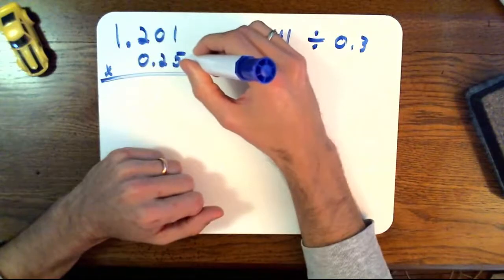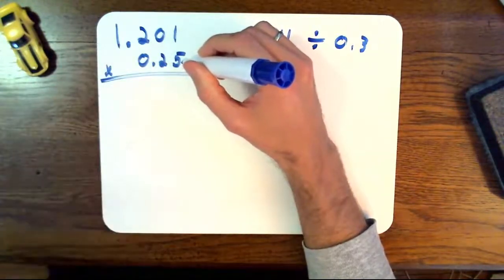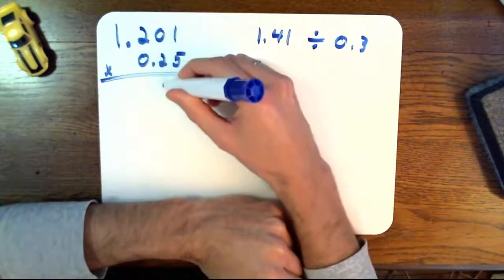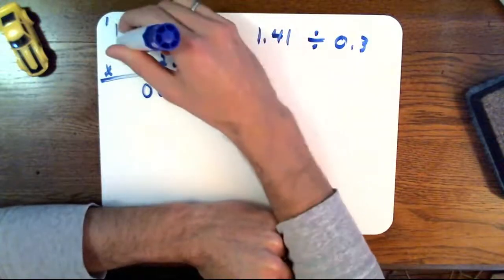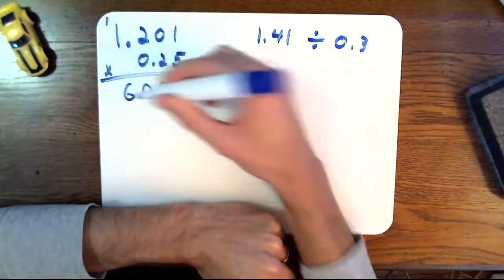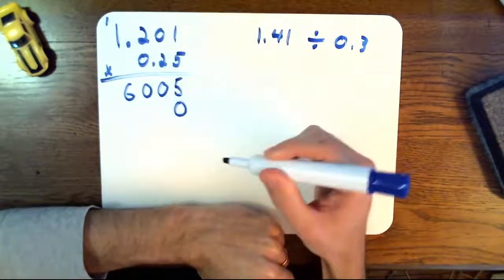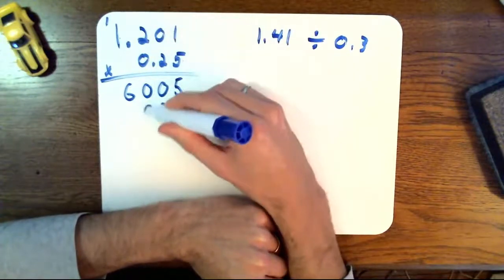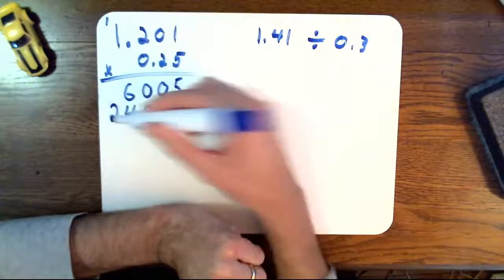So, let's start with the front. For now, let's forget about the decimals. Those will come in at the end. 5 times 1, 5 times 0, 5 times 2 is 10, so carry the 1. 5 times 1 is 5, plus 1 is 6. Now when we go to the next one, we're going to put a 0 here. 2 times 1, 2 times 0, 2 times 2, 2 times 1.